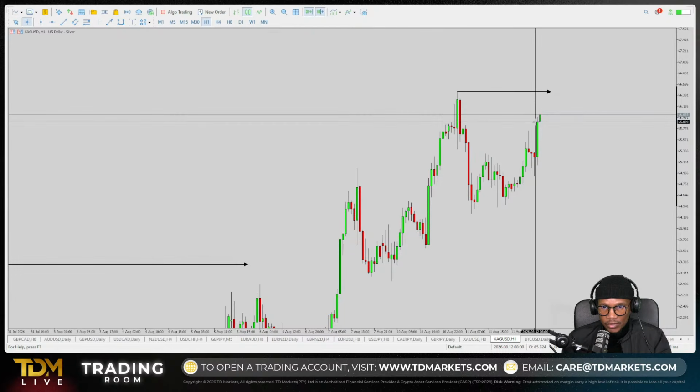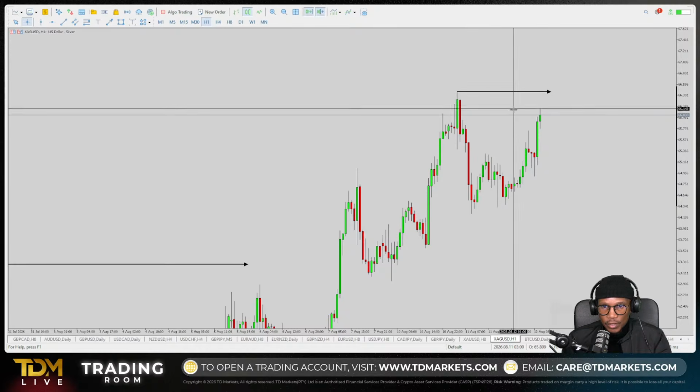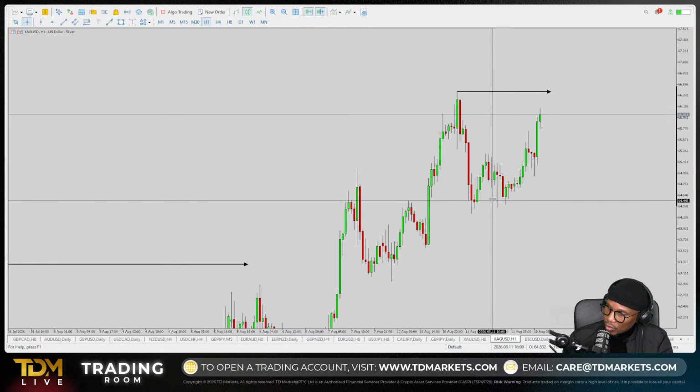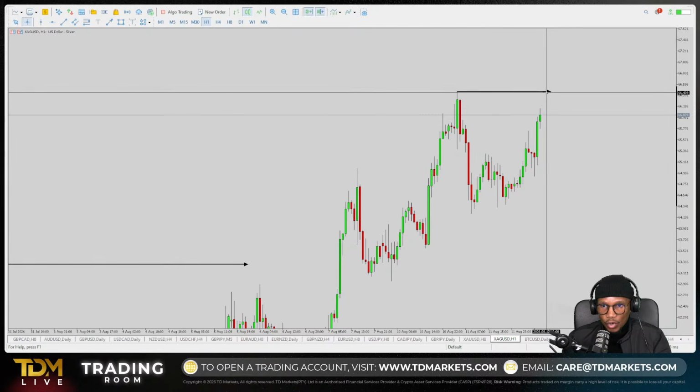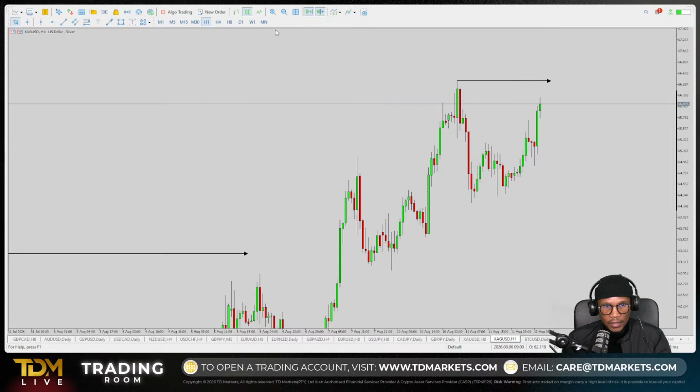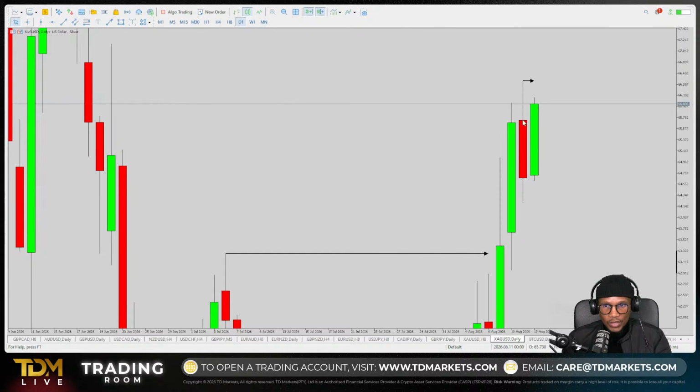It's already pushed up, so it's most likely going to complete this cycle by going back to that structure there. The daily candle was not as strong, the rejection wasn't as strong, so I would assume that's why we're still pushing up.